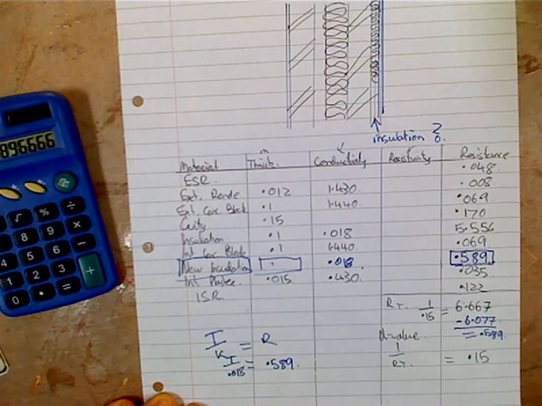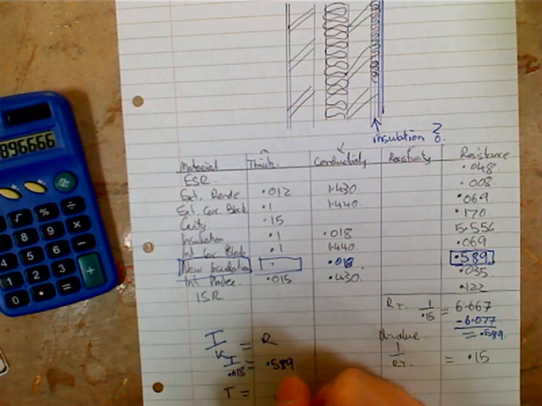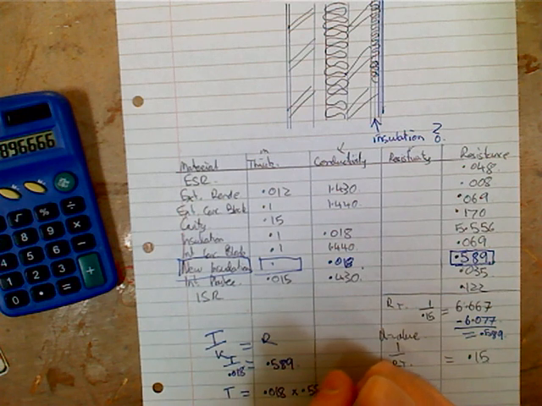Is everyone with me? So now to find T, if I take this figure and put it across the equal symbol, what happens? When it's a division and it goes across, it becomes a multiplier. So therefore T equals 0.018 multiplied by 0.589.